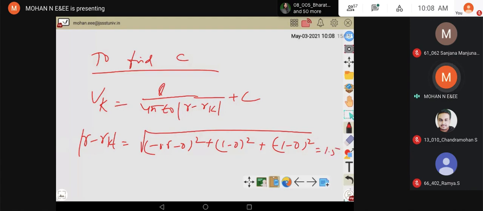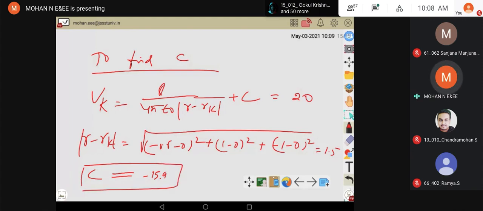That turns out to be 1.5. And we know Vk, that value is 20 volts. Substitute, or solve for C, you will get it as minus 15.9 something. Just check out this one. Yes, sir. Correct, sir. Minus 15.97.